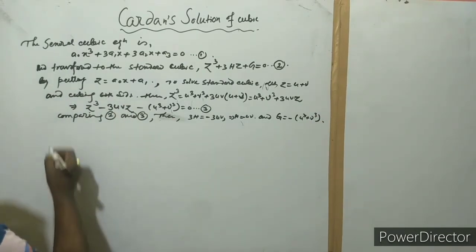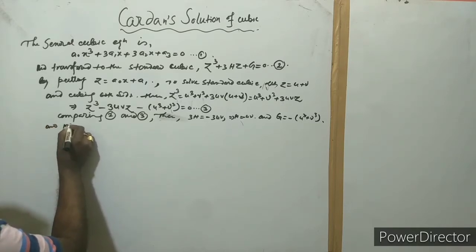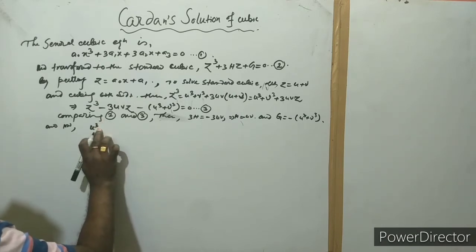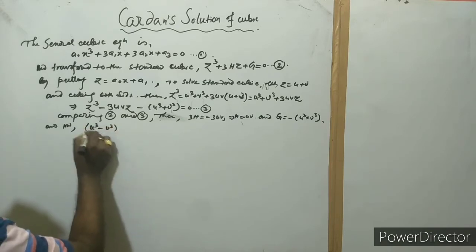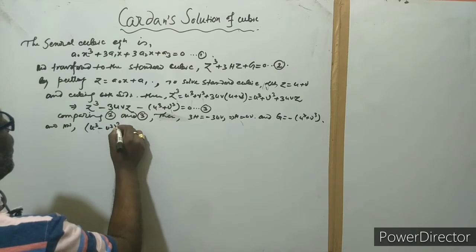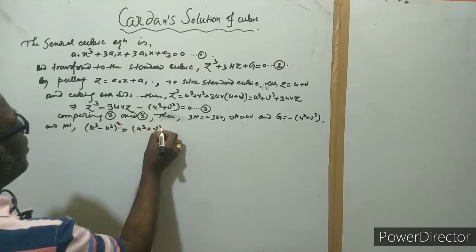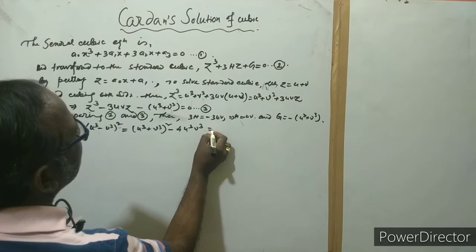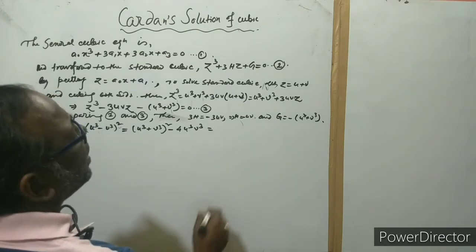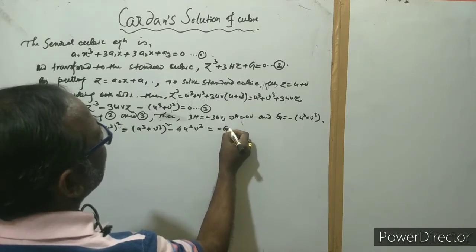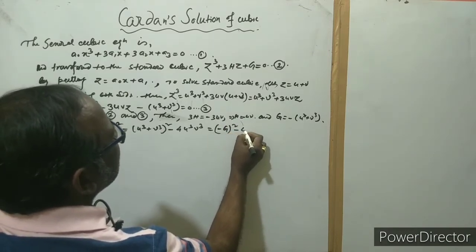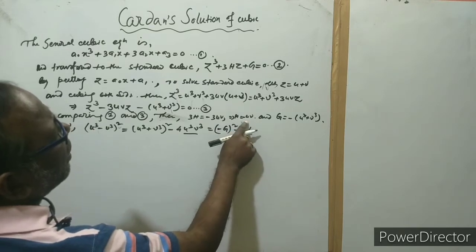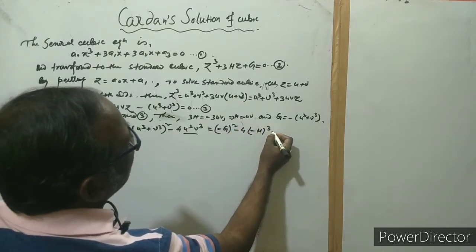Now (u cube minus v cube) whole square is equal to (u cube plus v cube) whole square minus 4 u cube v cube, and u cube plus v cube is minus g, and minus 4 times u cube v cube is minus h whole cube.